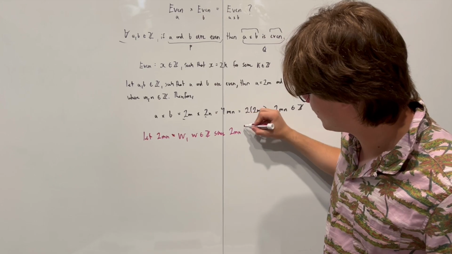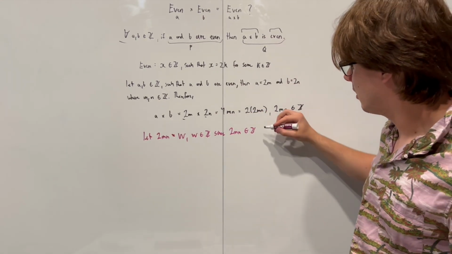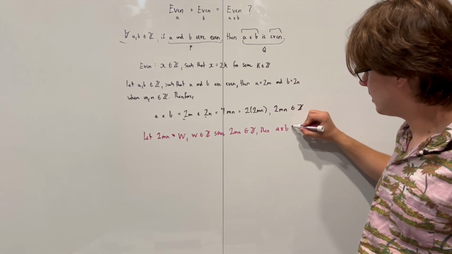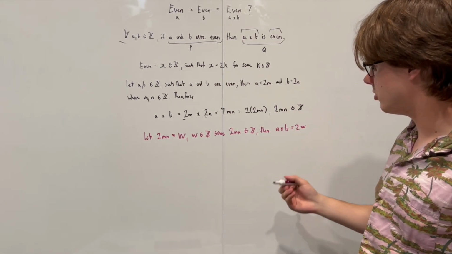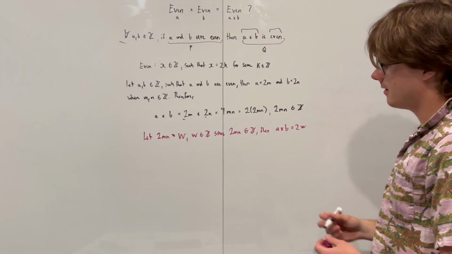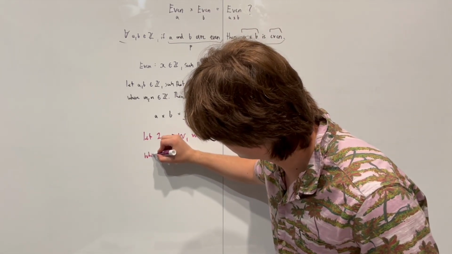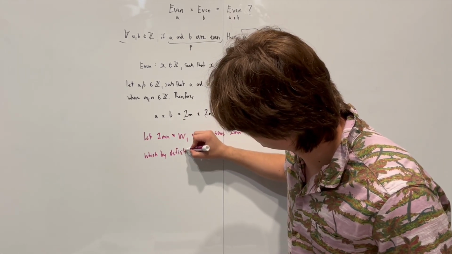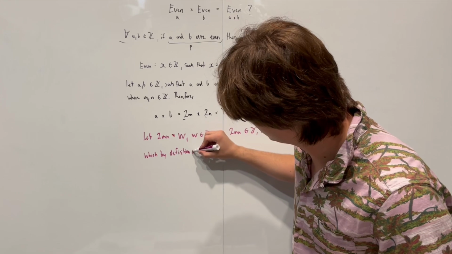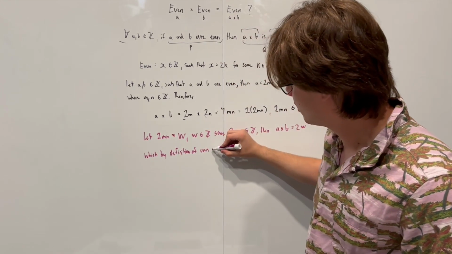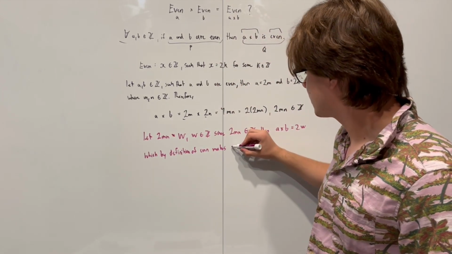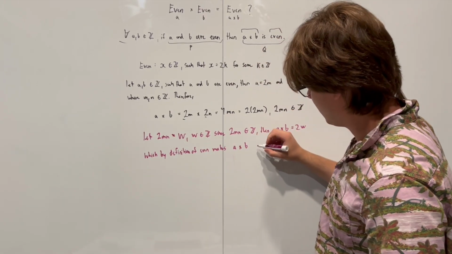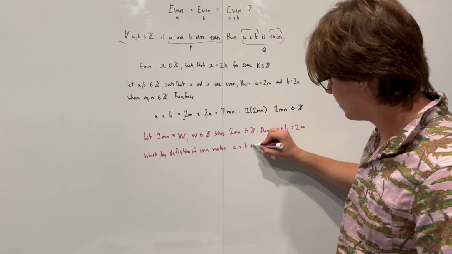Since 2mn is an integer, then a times b is going to equal 2 times w, which by definition of even makes a times b even.